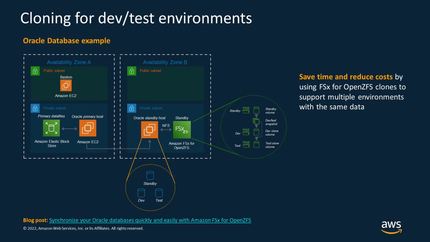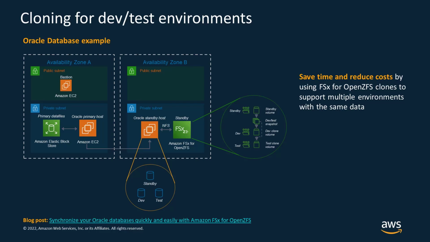And the dev and test databases are actually powered by dev and test clone volumes that are created from that standby volume. To any end users, these standby, dev, and test databases will look and act and feel like completely independent database environments. But with FSx for OpenZFS cloning, the dev and test databases are actually powered by the same storage as that standby database.